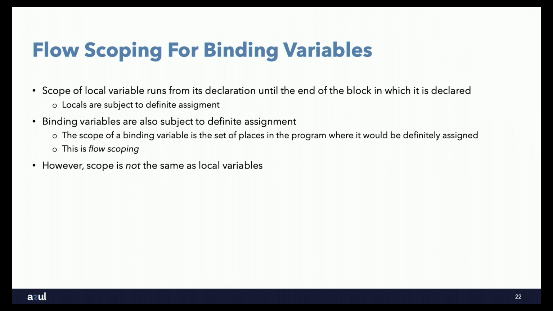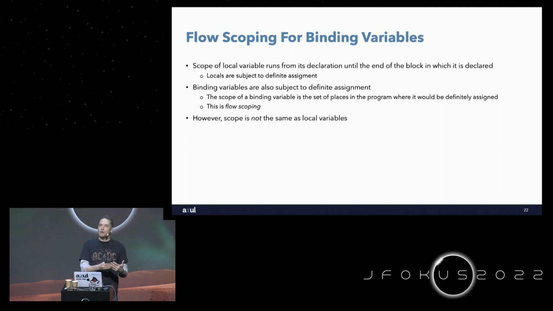Locals are also subject to the idea of definite assignment, meaning that you have to make sure that a value is assigned to a local variable. Otherwise, the compiler will reject it. Unlike with instance variables, where the compiler will give a default value to an instance field, in the case of local variables, you must make sure it has a value assigned to it.